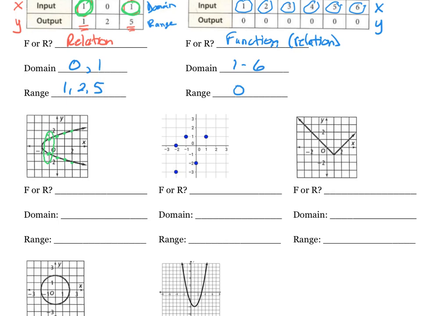The x of the top point is -1, and the y is a 1. And the bottom point, right here, the x is -1, and the y is -1. So I have two inputs that are going to different outputs. That makes this not a function, it's only a relation.